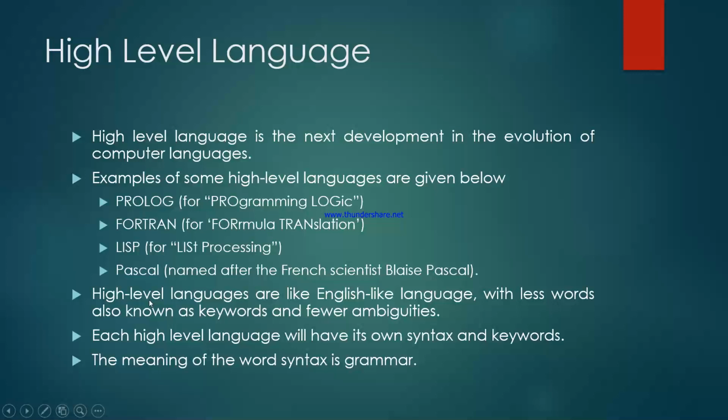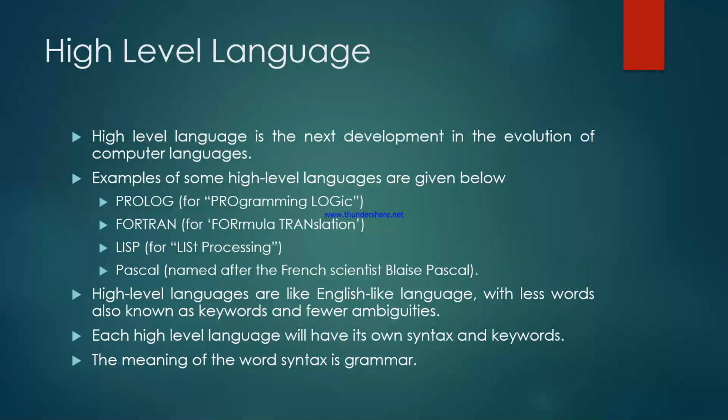High level languages are like the English language with fewer words, also known as keywords, and fewer ambiguities. Each high level language has its own syntax and keywords. So Prolog, Fortran, Lisp, Java, C, C++ all have their own syntax and their own keywords.